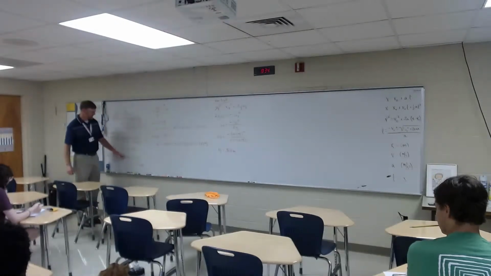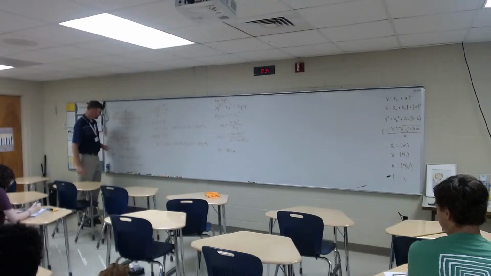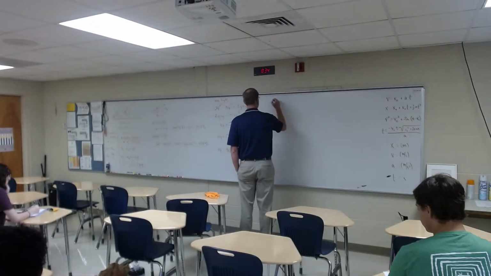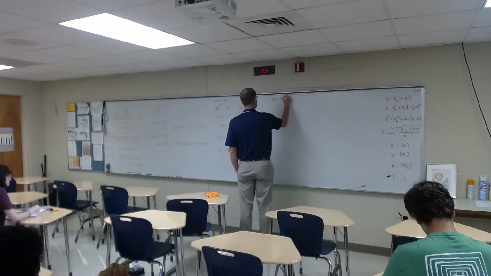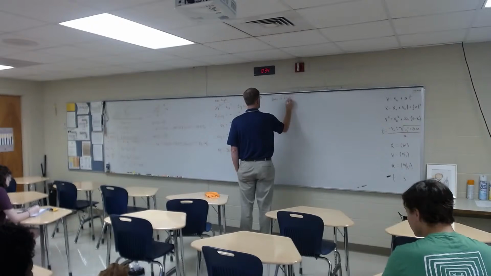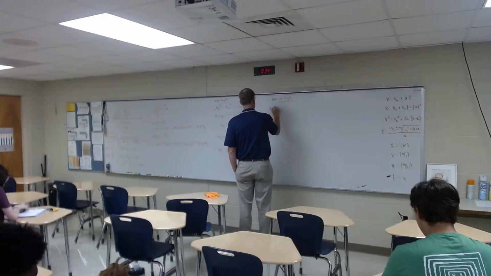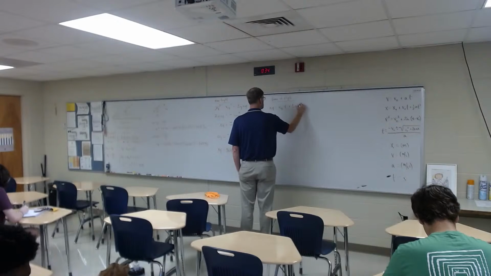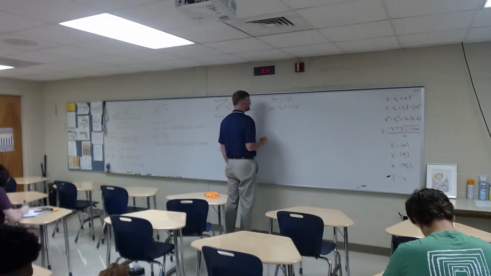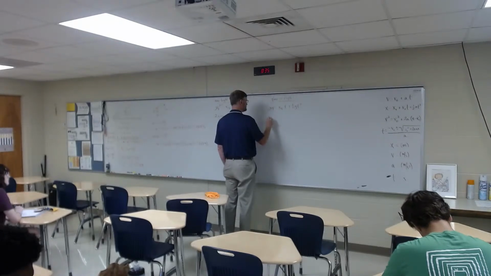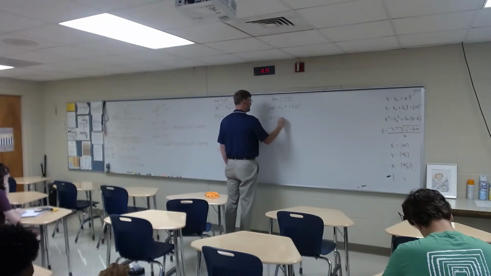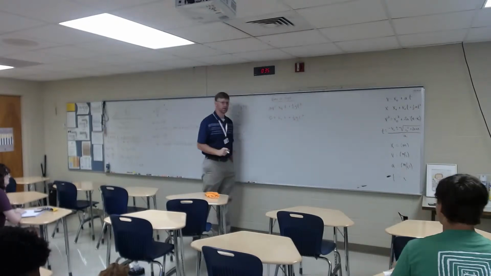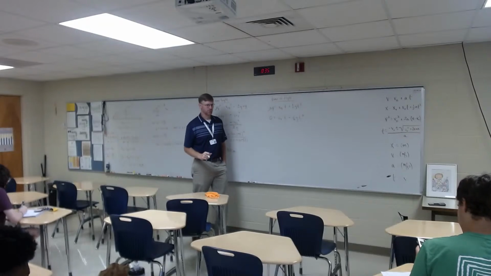If delta y is zero, then we can cancel out some t's, okay? So let's just do that right quick. Delta y is zero, right? So zero equals v0y t plus half g t squared, okay? So here's how we're going to get rid of the quadratic part of this.